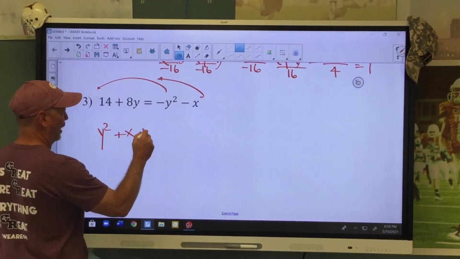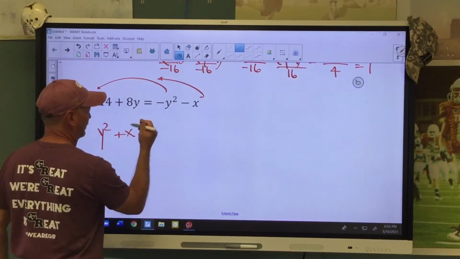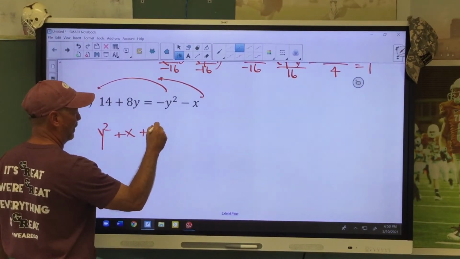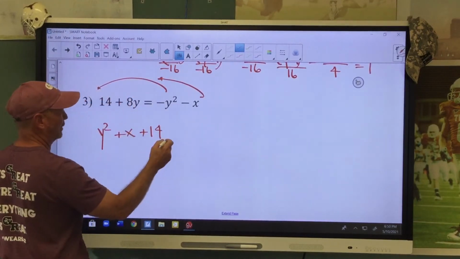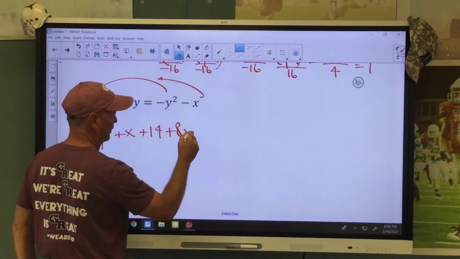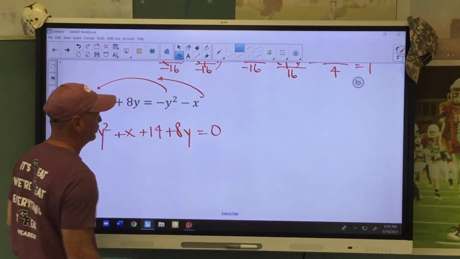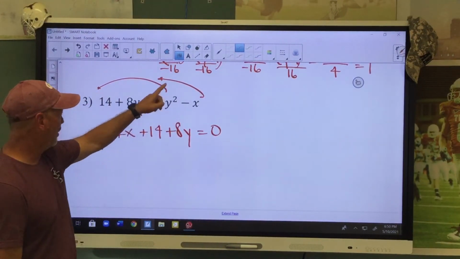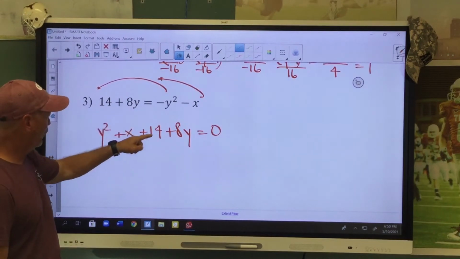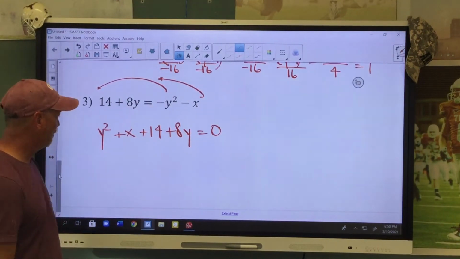You still have a positive 14, excuse me, and a positive 8y. So we changed the sign. We made this a positive y squared. We made this a positive x. We have 14. We have positive 8y.